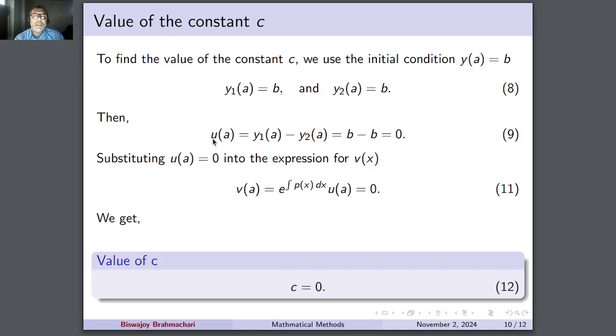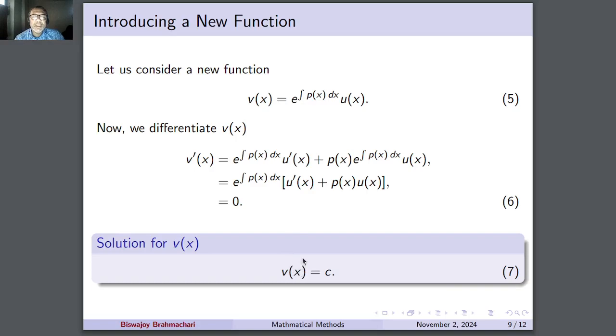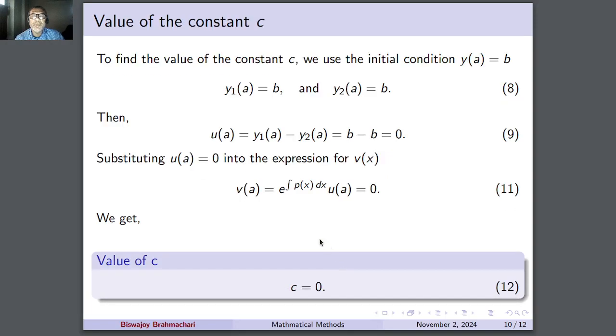That means u at the point a is 0, but the solution is v of x equal to a constant. So we can find this constant using u of a equal to 0, because v of a is e to the power integral p of x dx multiplied by u of a, and u of a is 0. So that means we get v of a is 0.